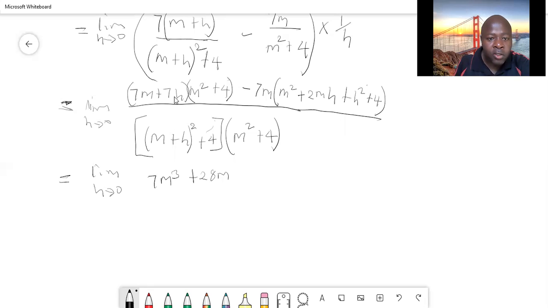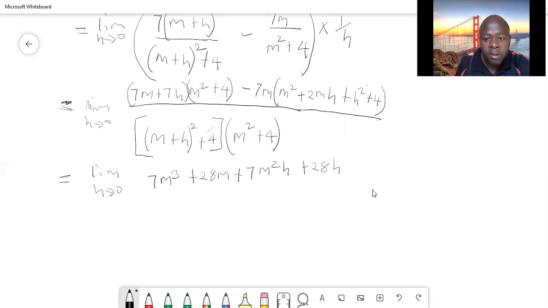This is 7h, so multiplied by that we have 7m squared h, and this times that we have again 28h.